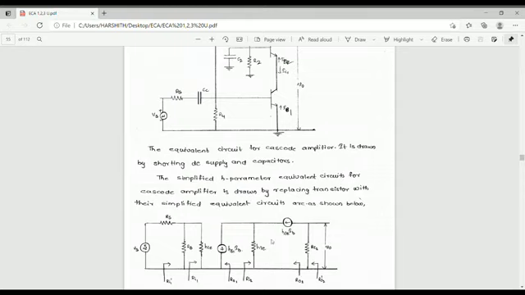This is HIE1 and this is HIE2, and this is the current source HFE2 times IB2. This is RC2, also known as RL. This is the H parameter equivalent circuit for the CE-CB amplifier.